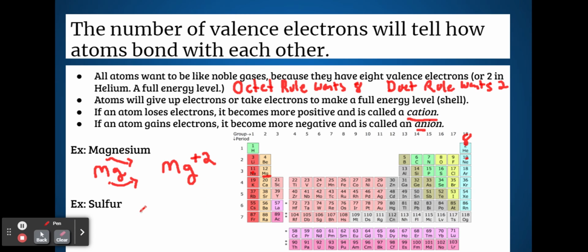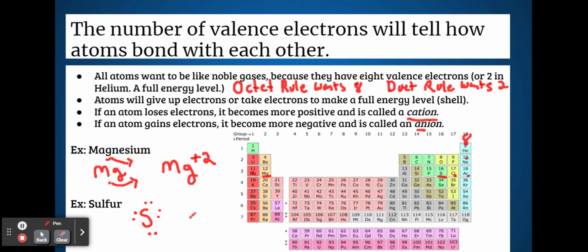Whereas sulfur has 6 valence electrons, and here's sulfur here like this. Notice that sulfur can gain 1, 2 more to be like its closest noble gas, argon. So what's going to end up happening is sulfur is going to gain 2 more electrons.